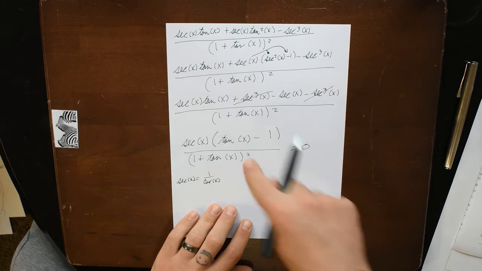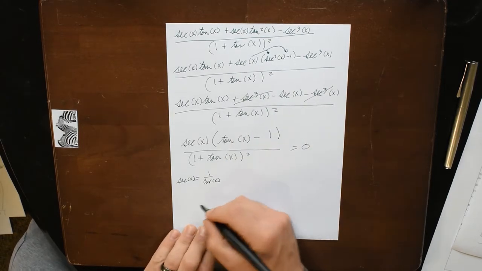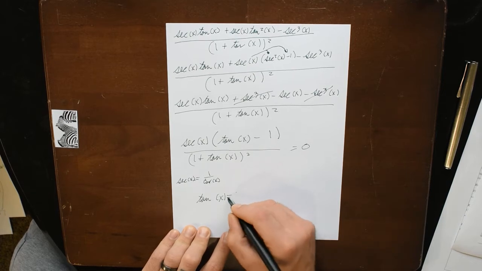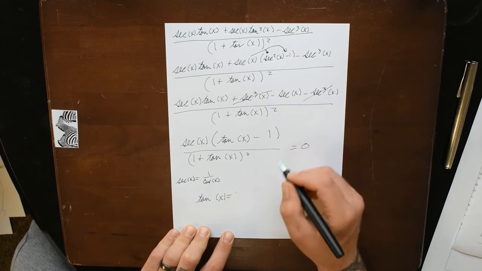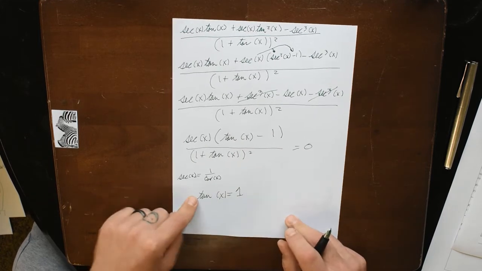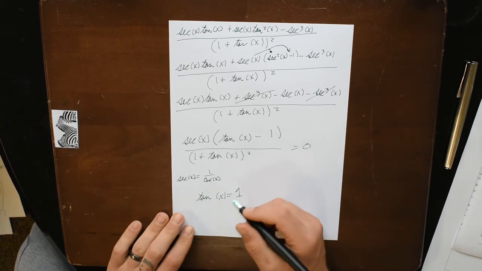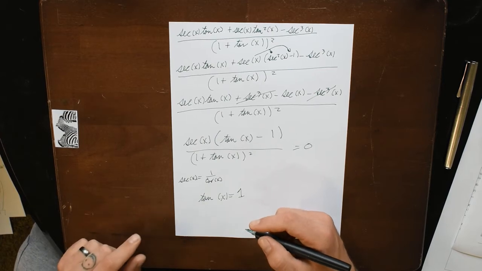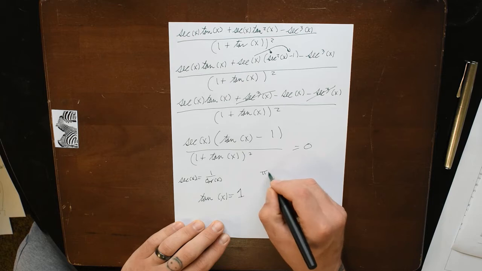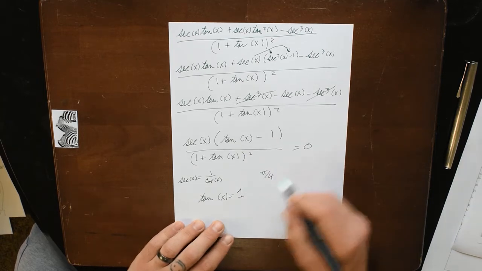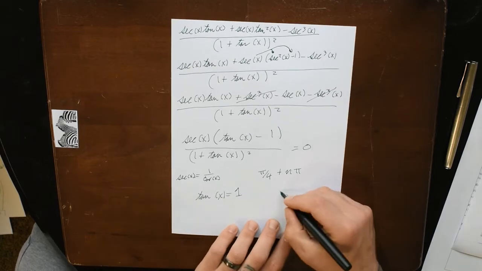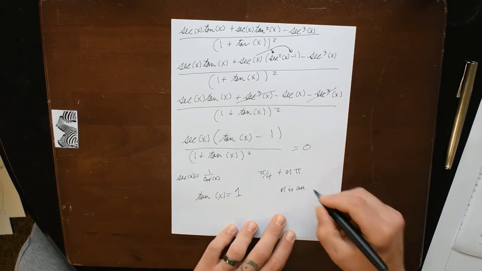So that means this thing equals 0 when the tangent of x minus 1 is equal to 0, or the tangent of x is equal to 1. The tangent of x, well, that's the same as sine divided by cosine, so that's whenever sine and cosine are equal to each other. That happens at pi fourths, plus n pi, where n is an integer.